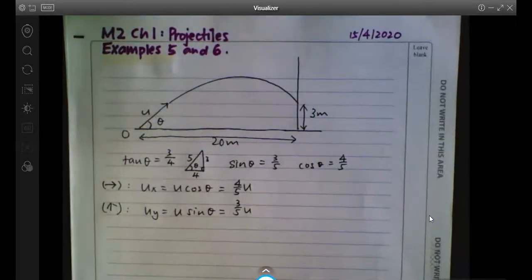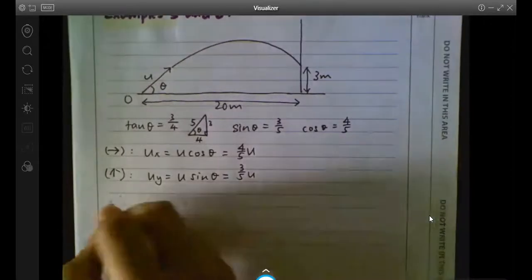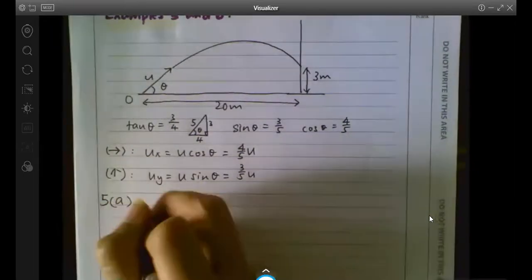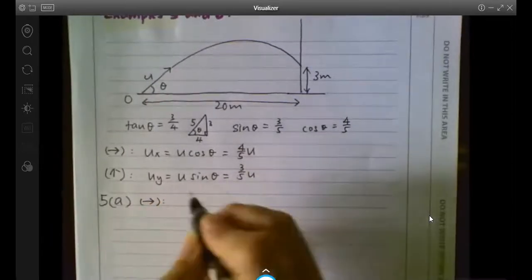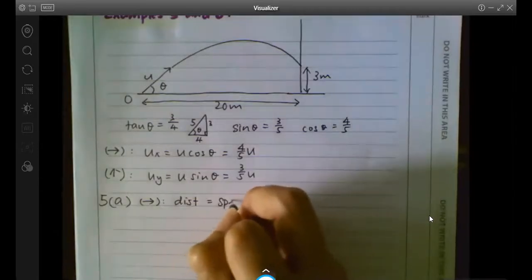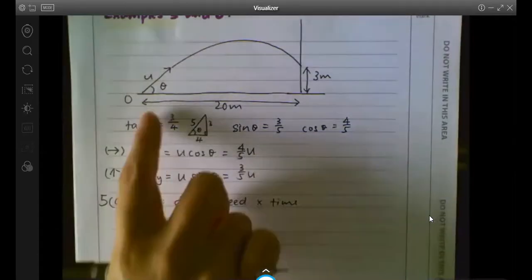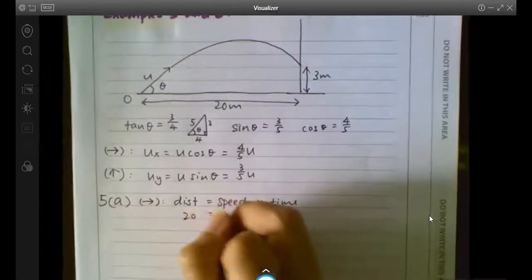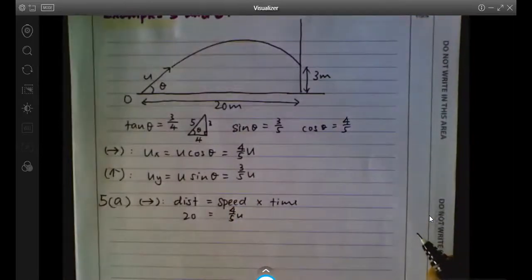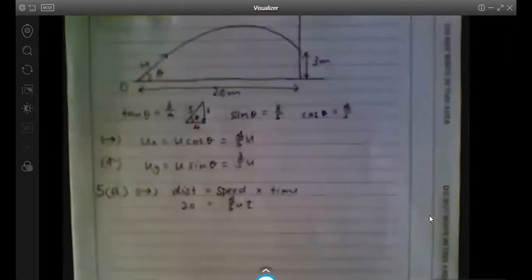Now let's start the question that we need to answer. Find the value of u, part 5A. If we do the horizontal direction, let's quote the formula we're going to use: distance is speed times time. The horizontal distance is 20. The horizontal speed is 4/5 u. And we do not know the time.